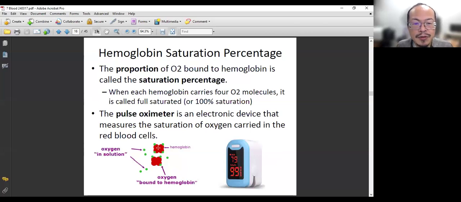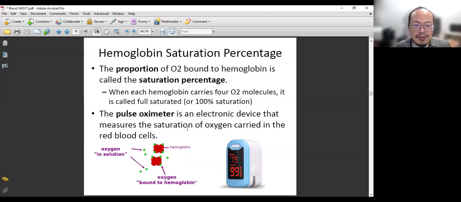Each hemoglobin can carry 4 oxygen maximum, and if it carries all 4 oxygen, we call it fully saturated. If every hemoglobin in your blood is packed with 4 oxygen, then your saturation percentage will be 100%.